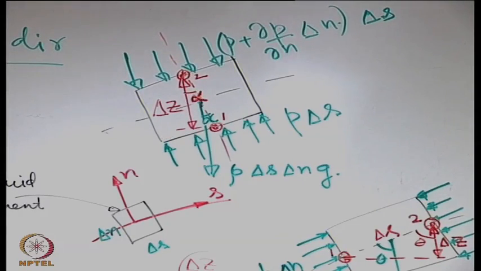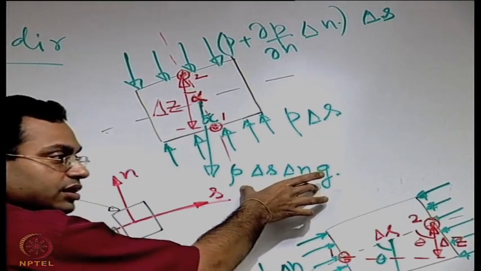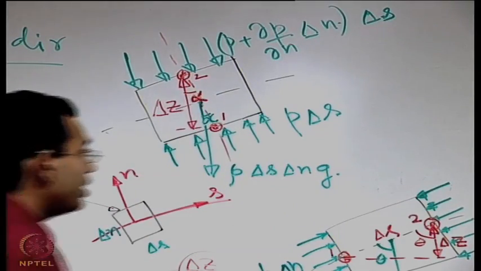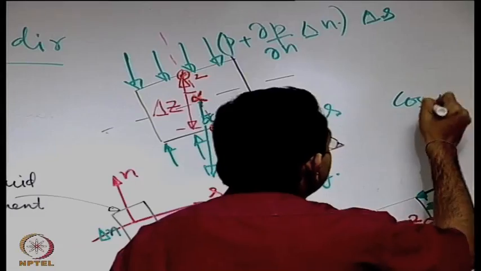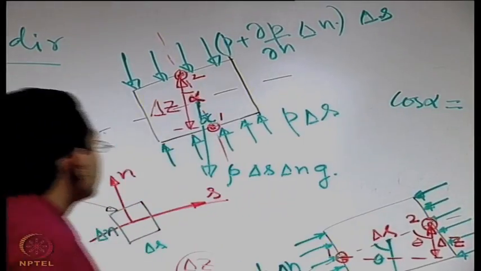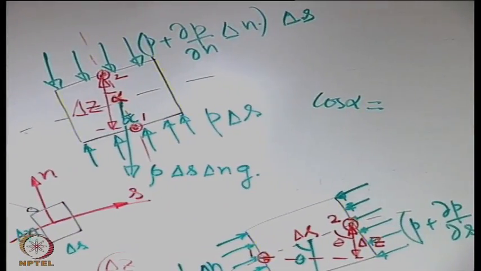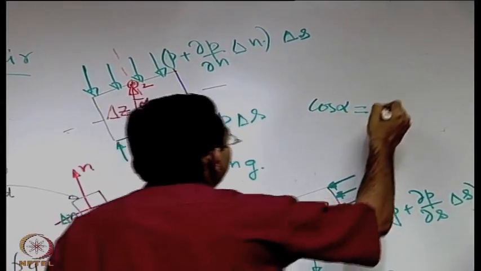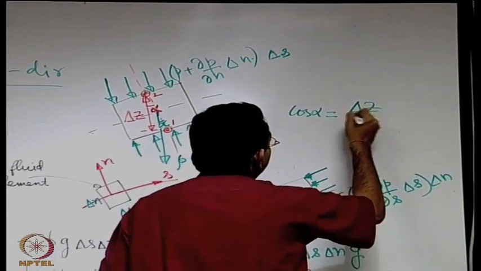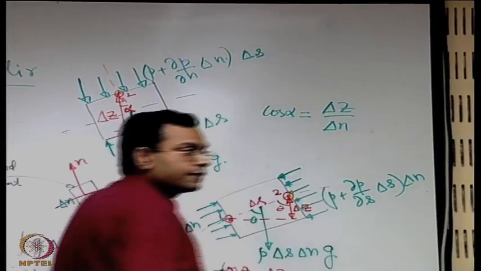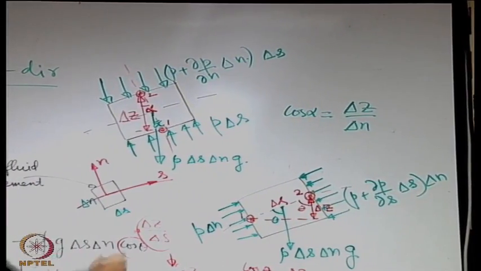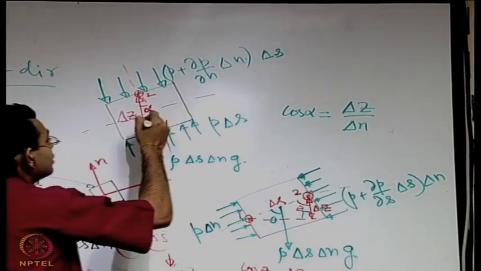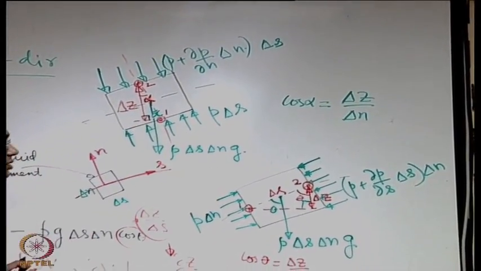So, you can see that the cos alpha component of this is what contributes to the force along the n direction, and cos alpha is given by, what is cos alpha? Delta z divided by delta n, right. Just like what we got from a right angle triangle in this figure, similarly here also we can.